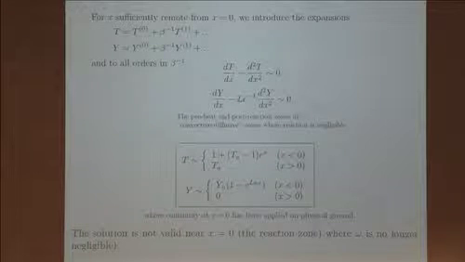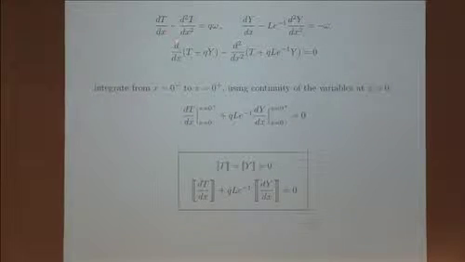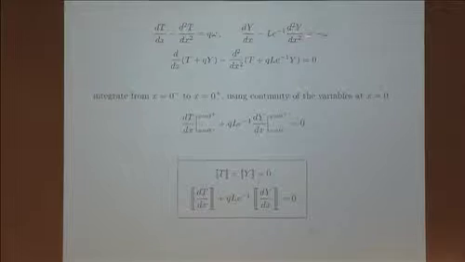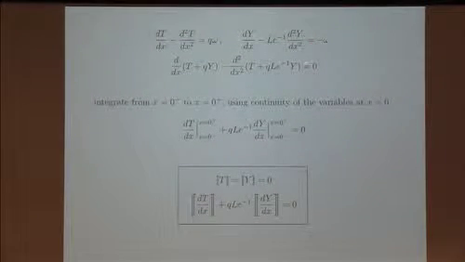Before we go there, there are certain things that we can obtain without looking at the reaction zone itself. For example, if you look at the two equations, you add them up after multiplying the second one by q, and integrate this equation across the reaction zone. In other words, you integrate from 0 minus to 0 plus.